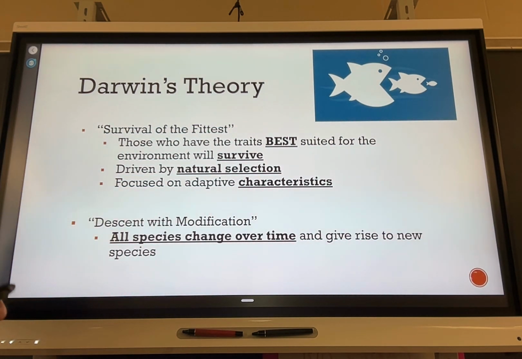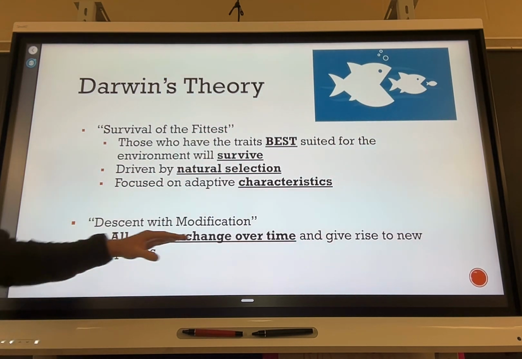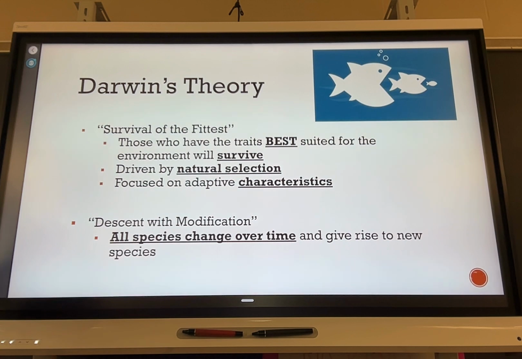Each finch has a different beak shape, but all of those came from one individual that flew to the island back when it was first created. Those species were then split apart from the original, and that's why they all developed into their own species.